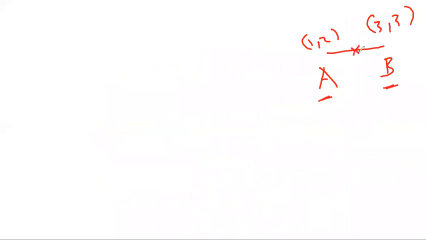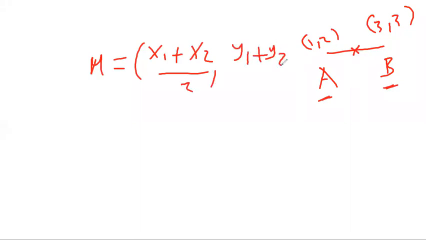The point which is in the middle, between A and B. The coordinates of the midpoint will be x1 plus x2 over 2, and y1 plus y2 over 2.